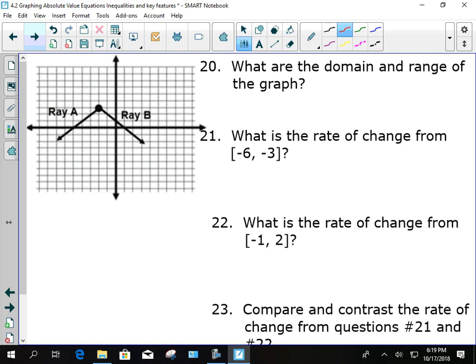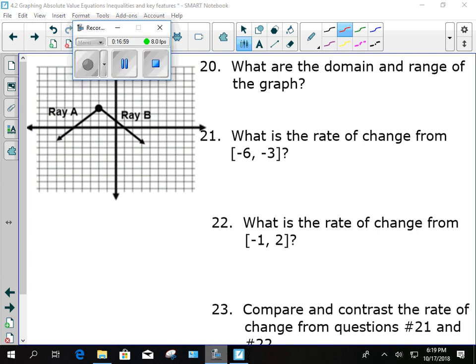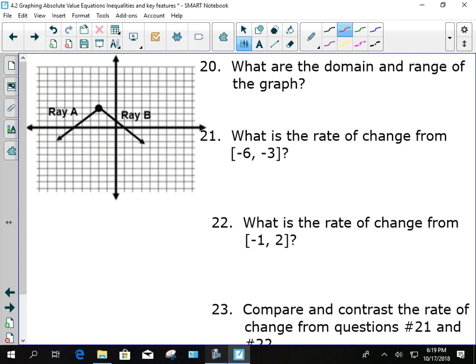What's the domain and the range of the graph? We've already talked about this. Your domain is which? Your x or your y? That's right, your domain is your x.